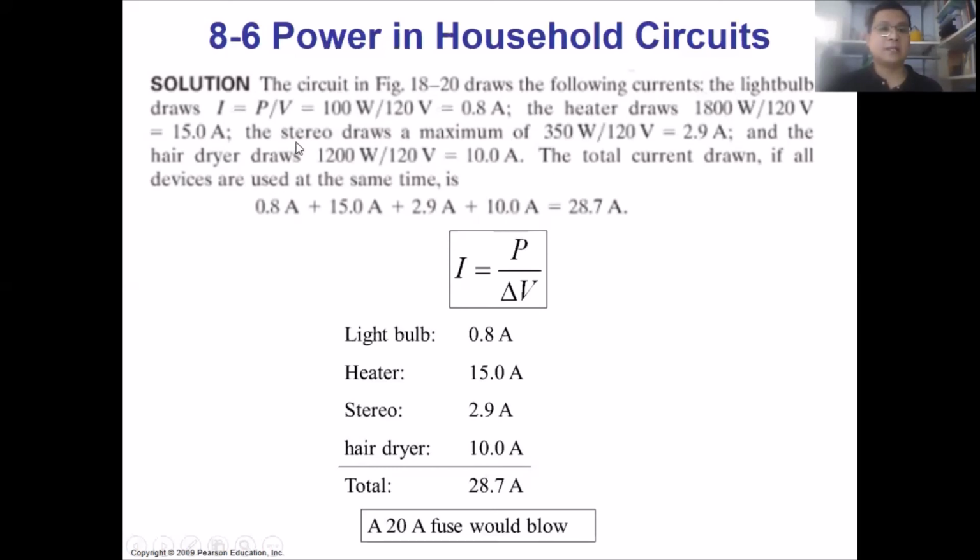We calculate all devices and then determine the ampere of current. Is it more than 20, because the supply in our house is only 20? The current is more than 20, so the fuse will blow.